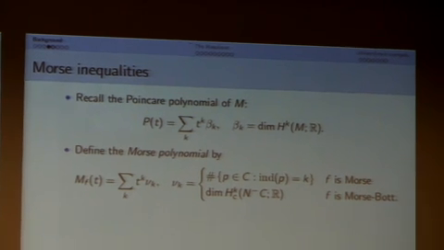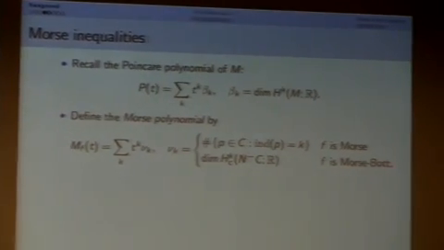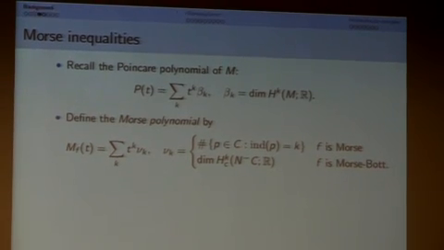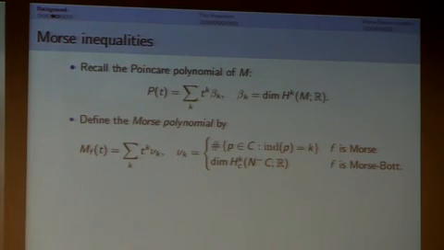I can define another polynomial by taking the coefficients to be, in the classical Morse case, mu sub k, the number of critical points with index k. In the Morse-Bott case, I'm going to take it to be the dimension of the compactly supported kth degree cohomology of this negative normal bundle. Remember, the normal bundle over the critical set splits into positive and negative components.